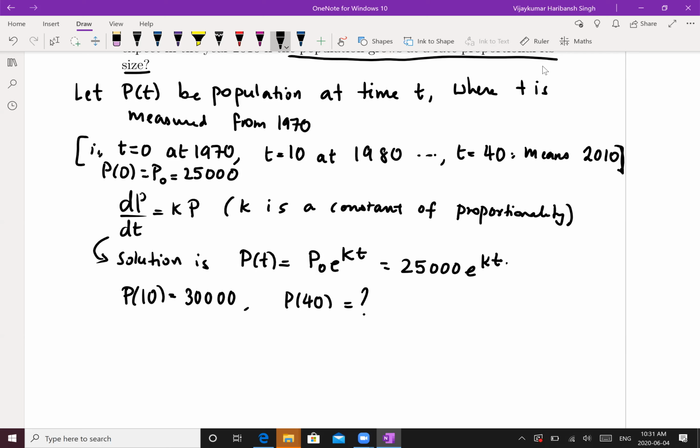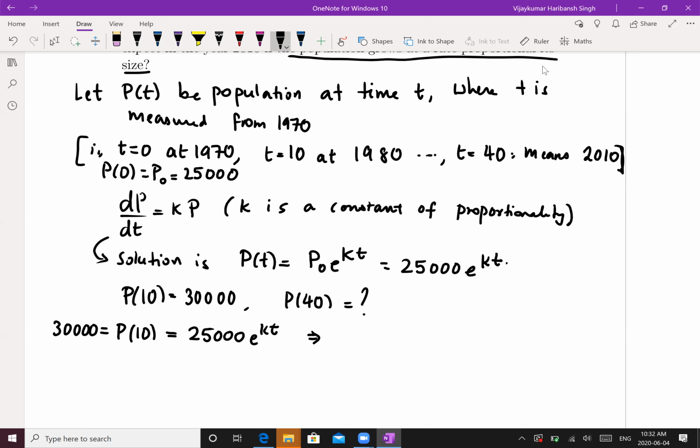So what do we get? To find k, notice the following. What is P of 10? P of 10 on one hand is 30,000. And on the other hand, if you put t equals 10 in the formula, you get 25,000 times e to the power 10k. From here we can solve for k.